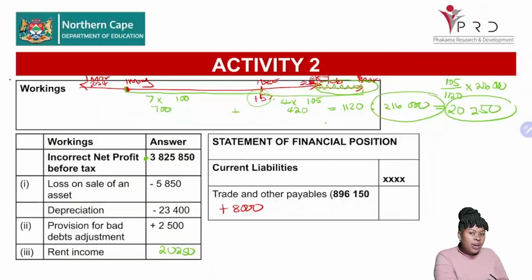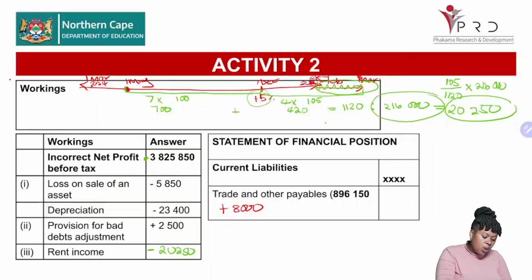And in the 216,000, we have the 20,250. That is not for this financial year, so it does not belong in this. So that means that the net profit was overstated. Therefore, we need to subtract the amount from the income that is provided there.